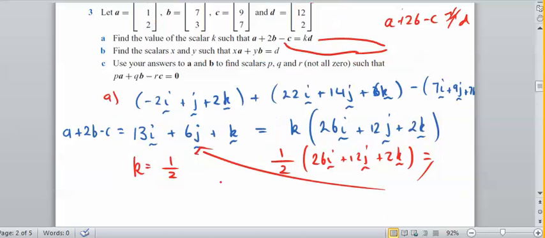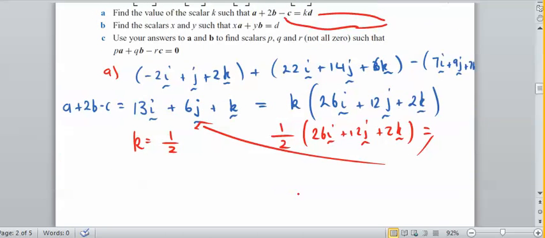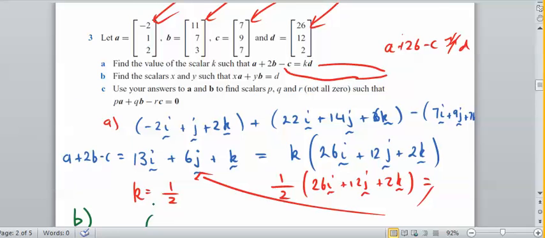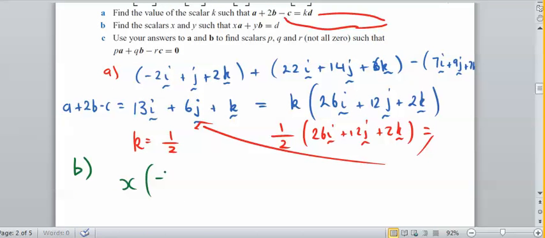Have a go at question B if you like. I'll do it up on the board. So we want x times, what was a? A was minus 2i plus j plus 2k.